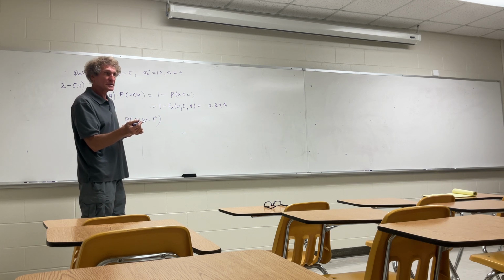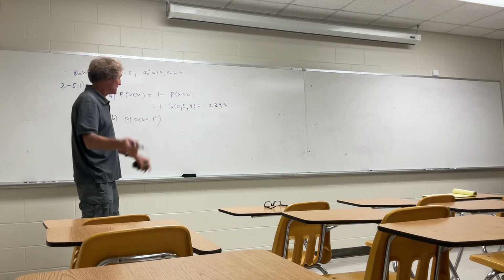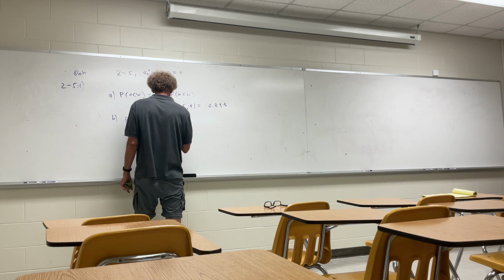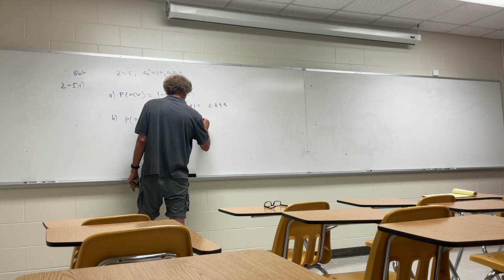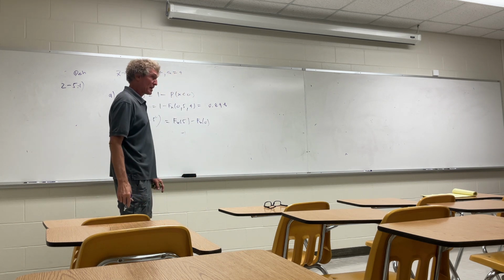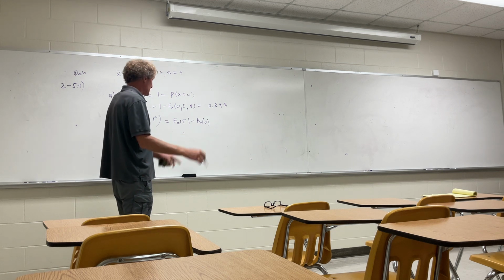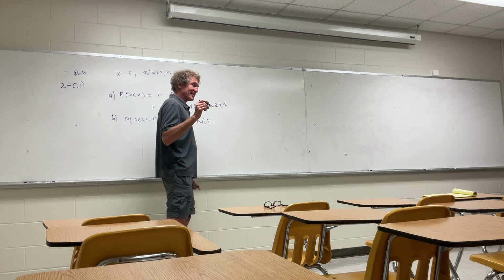All right, well, you can set the limit. The way I'm going to do this is basically take F of x of 5 minus F of x of 0, right? Well, you all agree with that? And that's a cumulative.